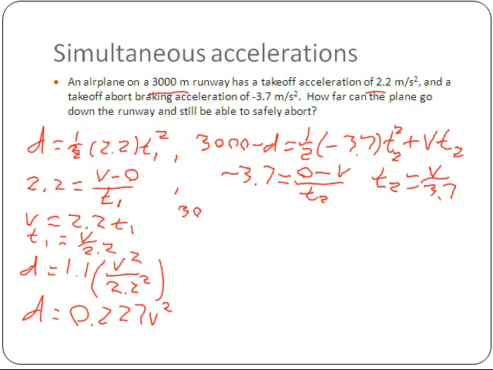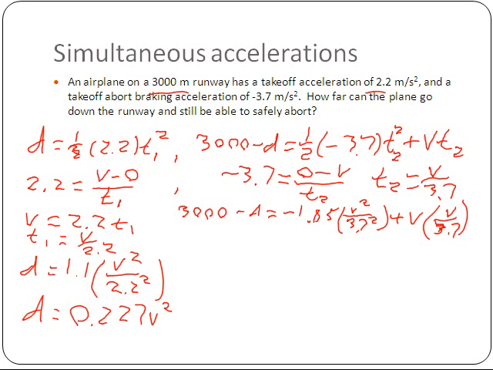So I get that 3,000 minus d is equal to 1/2 times negative 3.7, which is negative 1.85, times t2 squared. T2 is v squared over 3.7 squared, plus v times t2, which is v over 3.7.